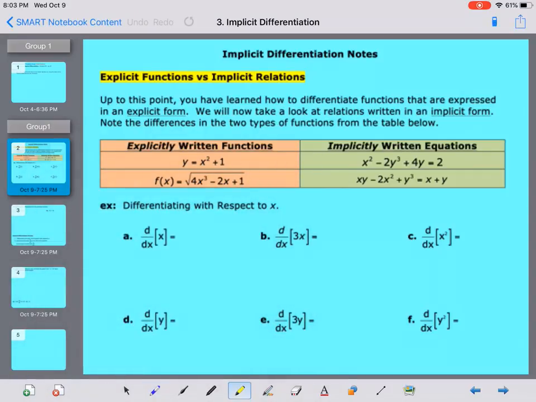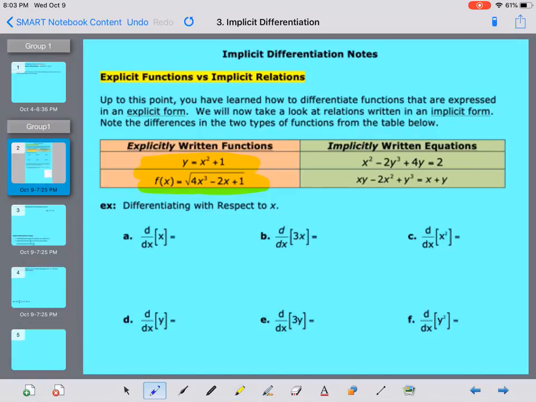If we're looking directly at these two equations up here, those are what we call explicitly written functions. And the reason, well, one, they're functions, of course, but explicitly means we're solved out for our dependent variable, y being our dependent variable in most of our functions.